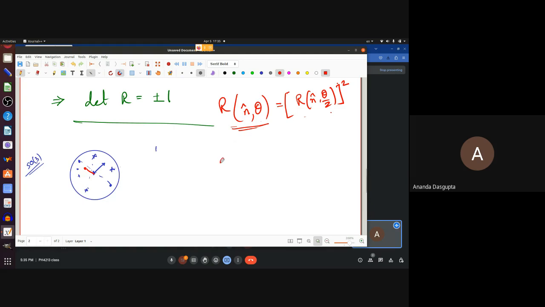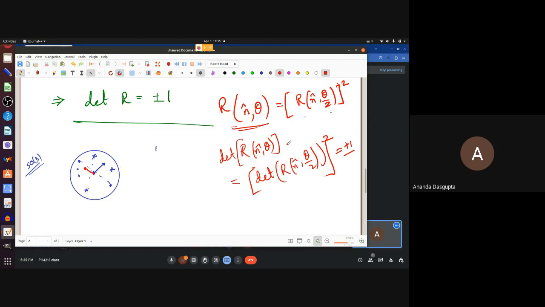Because the determinant of Rn theta would have to be the square of the determinant of Rn theta by 2, right? And although the determinant of Rn theta by 2 we have proven could be either +1 or -1, if you square it, then this number has to be +1. And therefore determinant of Rn theta has to be +1.